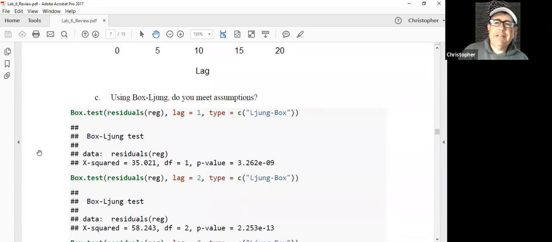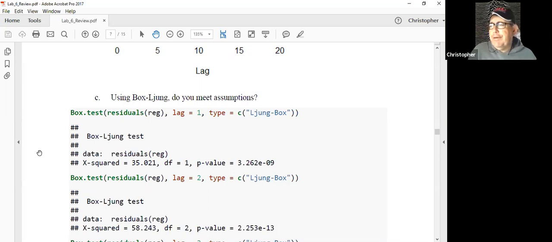Another test here, the Box-Ljung test. Box-Ljung is a kind of cumulative test. If you say lag 1, it'll do just the first lag. If you say lag 2, you can see the degrees of freedom on that went up. What that means is it's calculating this cumulatively for the first and the second lag. Lag 3 gets 1 through 3. A lot of people use this test.